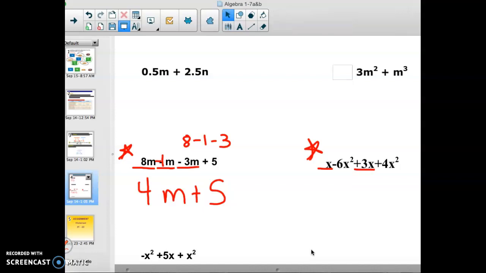I know you don't have a different color pencil, so maybe when you have your pencil on paper, you do squiggles. Some of you go, well, we did triangles and circles and whatever. If you're comfortable with triangles and circles, go for it. I personally like the underline thing because when I start circling and triangling, I sometimes forget what the sign is, because it gets a little messy for my brain.